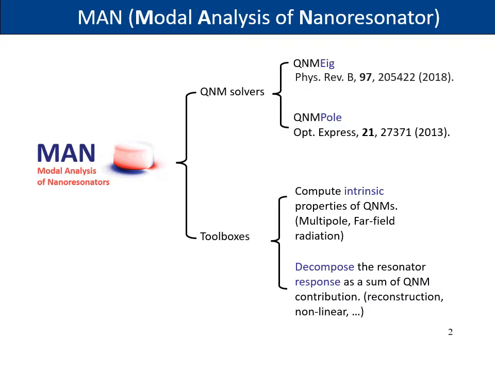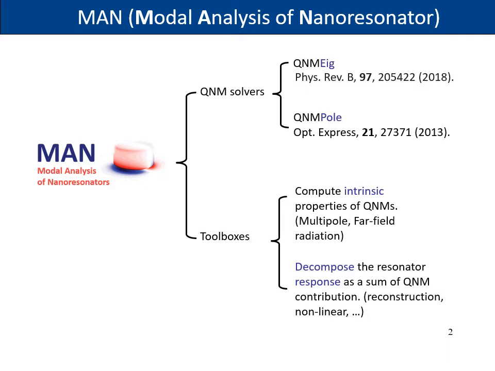In addition, the MAN software also features a lot of toolboxes. These toolboxes can be classified into two types. The first kind is used to compute some other intrinsic properties of quasi-normal modes, such as their multipole components and far-field radiation diagrams.